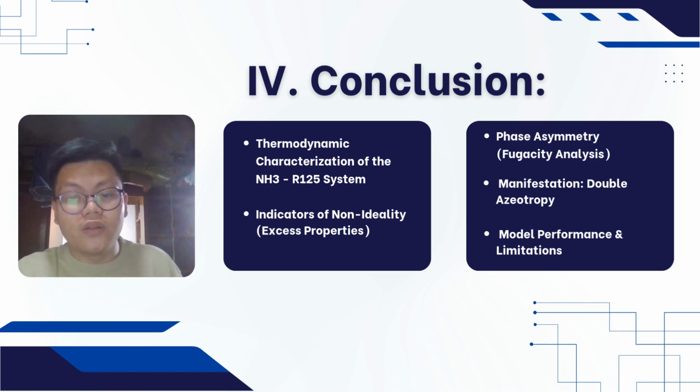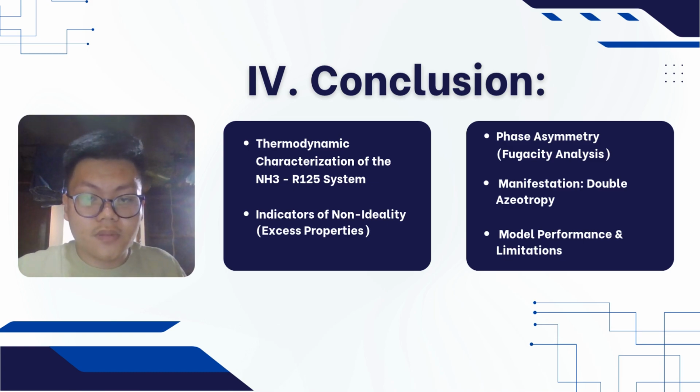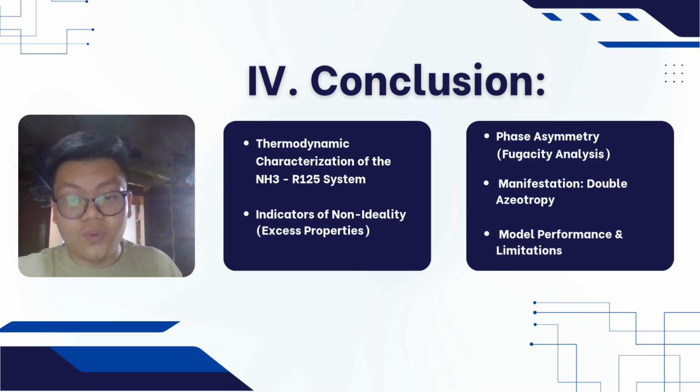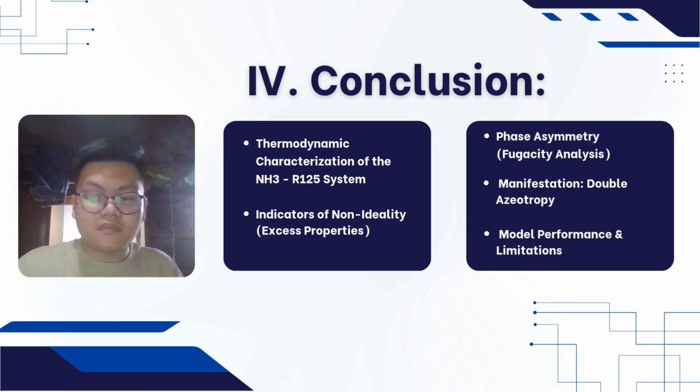It does not hold reliable physical meaning across all compositions. So what does this all mean? It means that the PRWS model is an excellent correlative tool for this system, but it is not a truly predictive tool. For future work on systems characterized by self-association, like ammonia, a more advanced model is required.